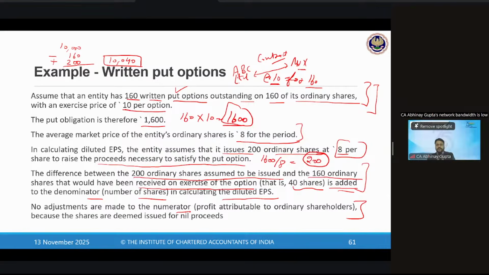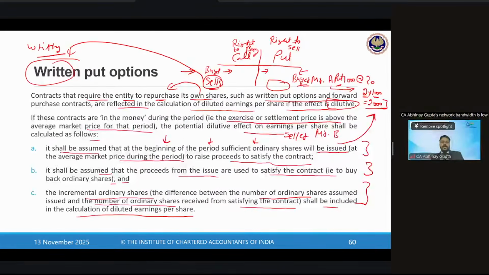Right? Now let's get back to the literature. We will read the literature carefully and understand how the adjustment we have calculated in the example would actually be presented in words. So the standard says the denominator should be adjusted for the potential dilutive effect as follows.